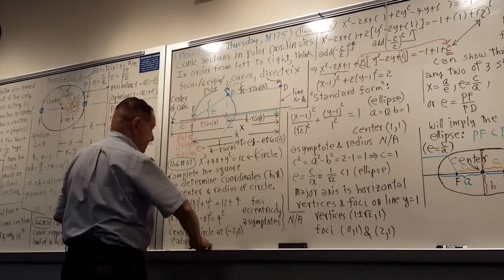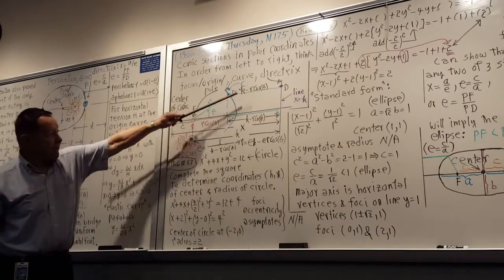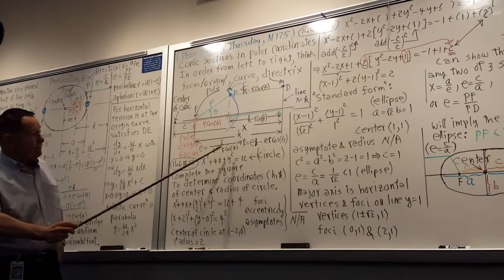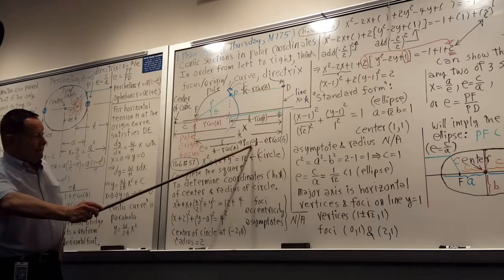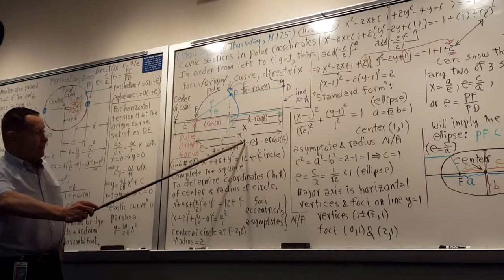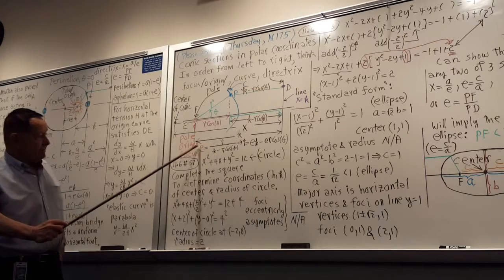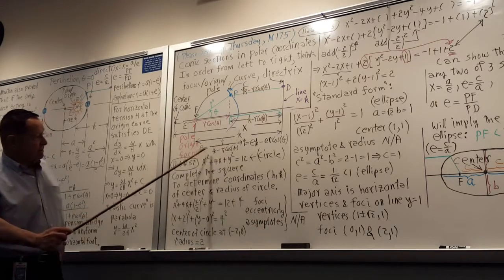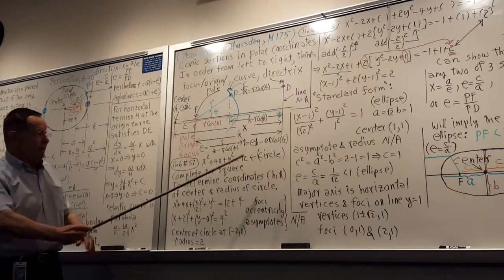Okay, so then you have e is this over that, and if you multiply the denominator by e, you get this r equals e times k minus e times r times cosine theta.